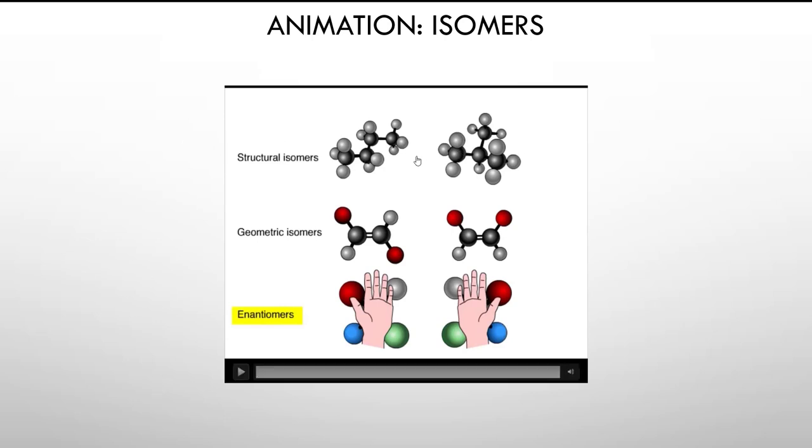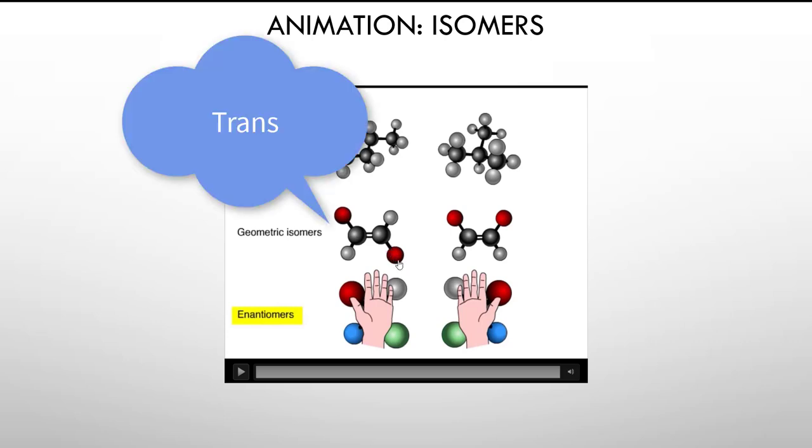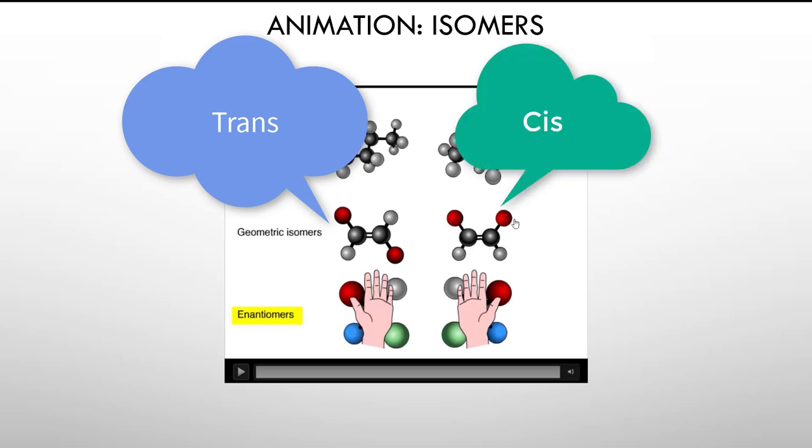Okay, so structural isomers, they have the same chemical formula, but they're structured differently. So we have a more linear one here and a more branching one here. In a geometric isomer, they actually look exactly the same here, but it depends on where those extra atoms are. Okay, in this case, this is called a trans isomer because it's on opposite sides, whereas this is a cis isomer.